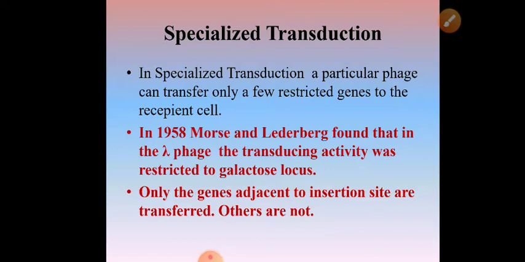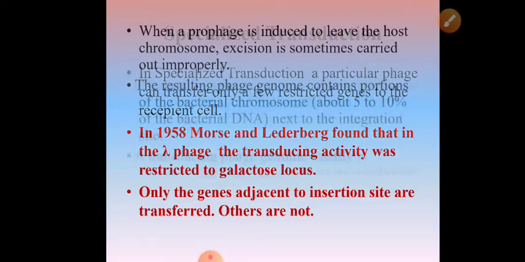This process was studied by Lederberg and Morse, and they found that in the lambda phage, the transducing activity was restricted to the galactose locus. Only the genes adjacent to the insertion site are transferred. Other genes are not transferred.